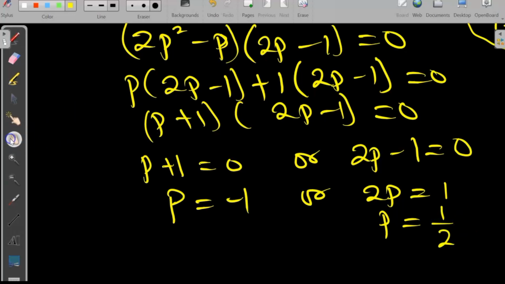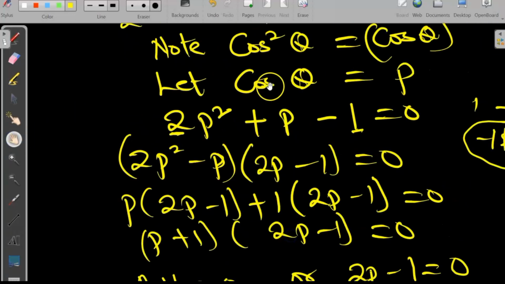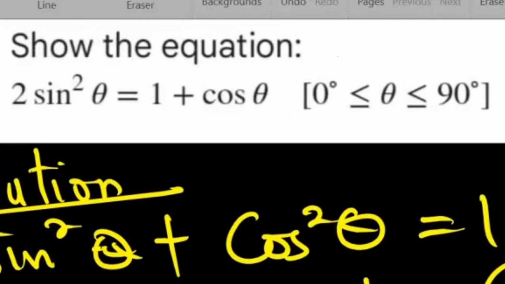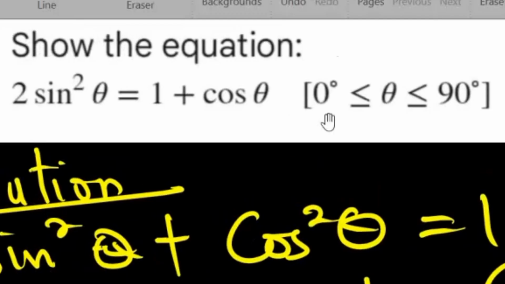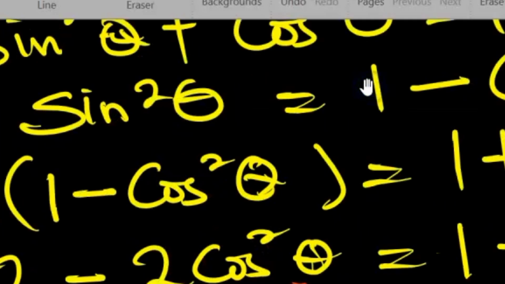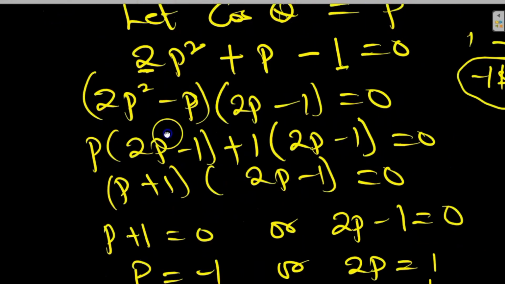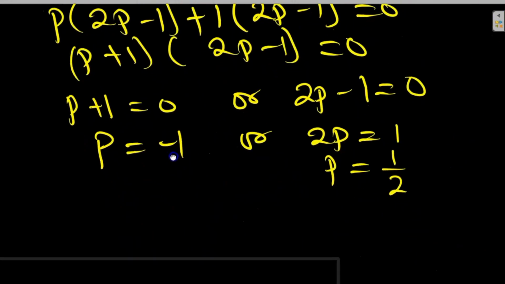We're told something in the question: theta is an angle between 0 and 90.